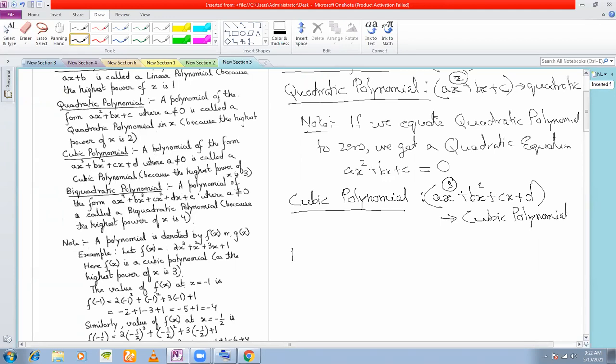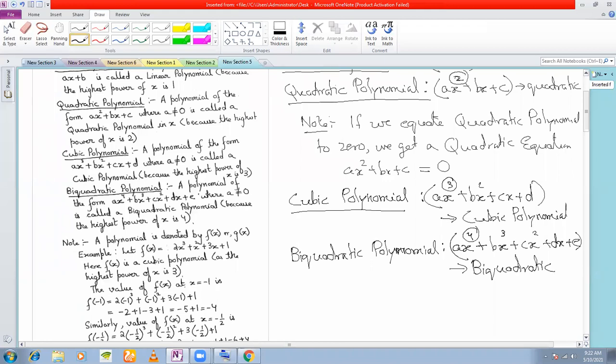And finally you have the biquadratic polynomial, where the highest power of x is 4. Now you'll ask, what do we call it when the highest power of x is 5?